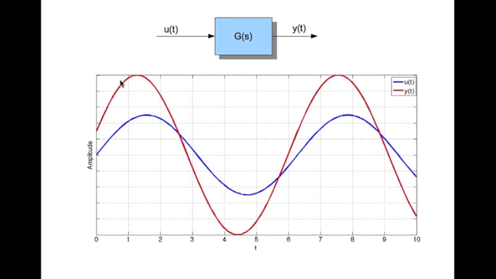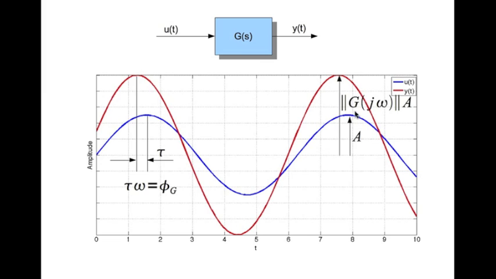The output is the red, which is again a pure sinusoid with the same frequency, but it lags the input by tau, and tau is related to the phase contributed by the transfer function phi G as tau omega equal to phi G, and the amplitude undergoes some magnification, and the magnification is given by the magnitude of the transfer function evaluated at j omega.